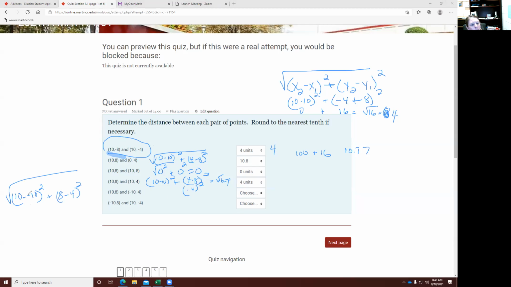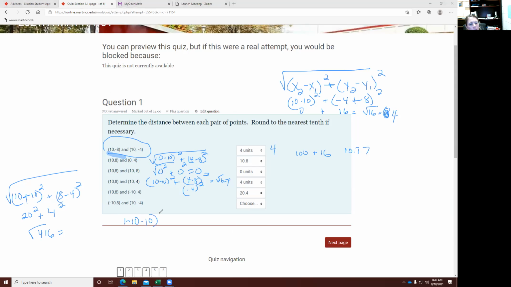That's going to be a plus. That's going to be 20 squared plus 4 squared, and it's going to be 416. So the square root of 416 is 20.39, which is 20.4.